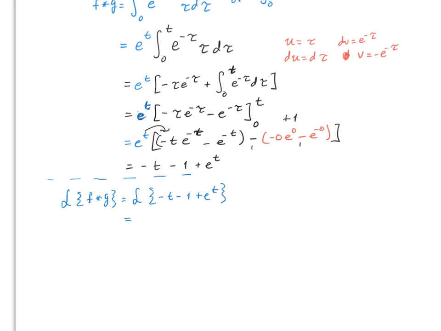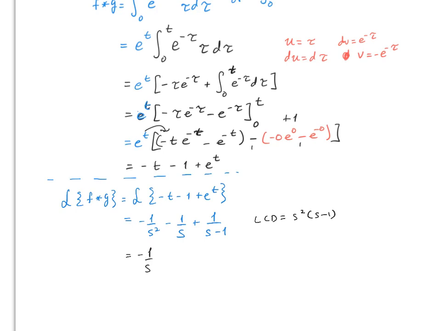which will give you minus 1 over s squared minus 1 over s plus 1 over s minus 1. Now, if you simplify this, the LCD in here is s squared times s minus 1.